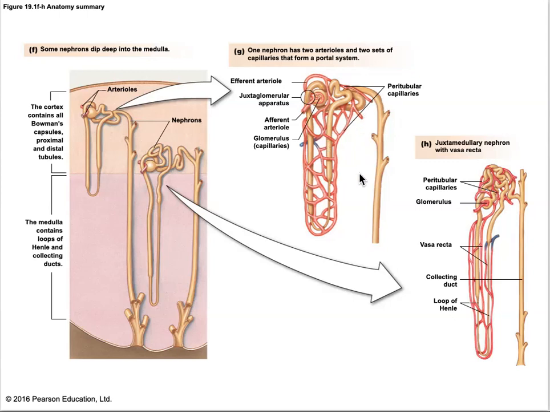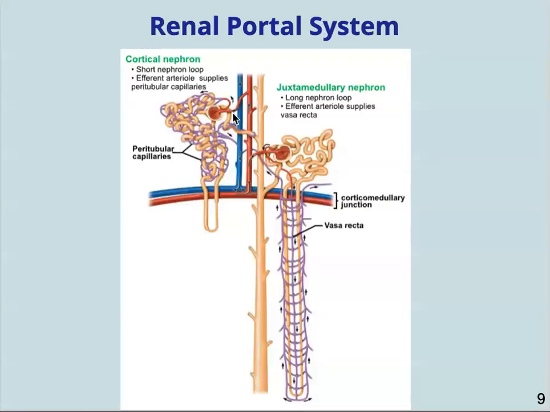In this renal portal system, the first capillary bed is the glomerulus, and the second capillary bed is the peritubular capillaries. In the case of juxtamedullary nephrons, we have modified peritubular capillaries called the vasa recta. So the vasa recta is essentially a type of peritubular capillaries, but they are specific to the loop of Henle for these juxtamedullary nephrons.